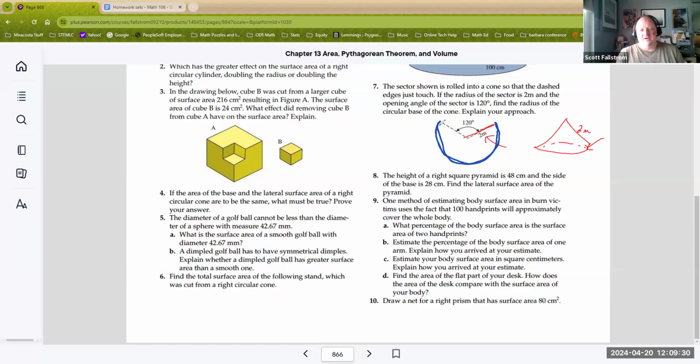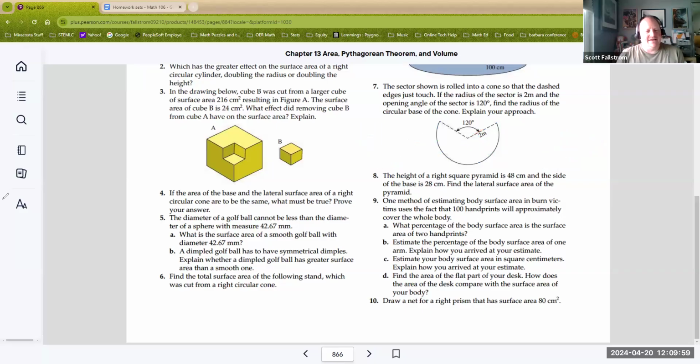And this shape right here is forming an arc length, an arc length we talked about earlier in a prior section. So if you know the angle for your arc length is 240 degrees, and you know the radius right here is 2 meters, you could determine this length because that arc length becomes the circumference of your new circle.